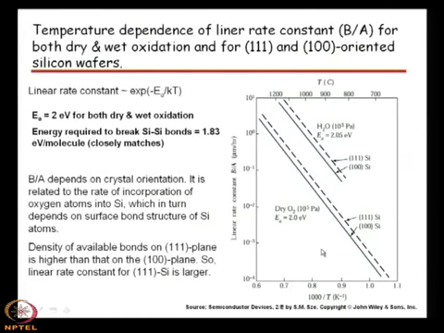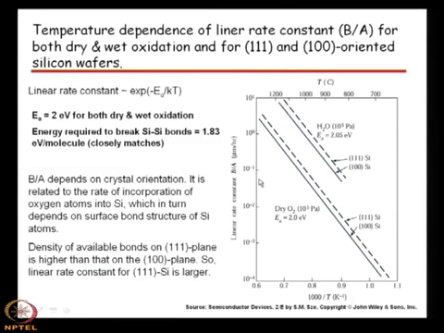So, we see that both for dry oxidation and wet oxidation, 111 silicon has a higher value of linear rate constant compared to 100 silicon, because of the availability of bonds, which is higher in number in 111 than in 100. So, that is the characteristic of silicon 111 and 100.